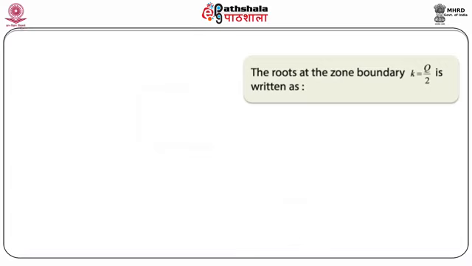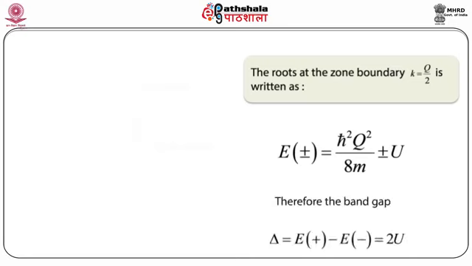Under such circumstances, the two roots, that is E_k^+ and E_k^-, that we found reduce to h cross squared Q squared by 8m plus-minus U. So that is, you have E plus as h cross squared Q squared by 8m plus U, and E minus is equal to h cross squared Q squared by 8m minus U. And now if you subtract these two, that is E plus minus E minus, you will get 2 times U, which is nothing but the band gap.